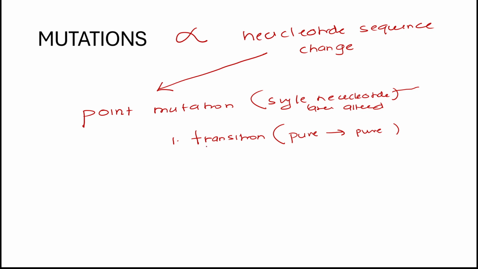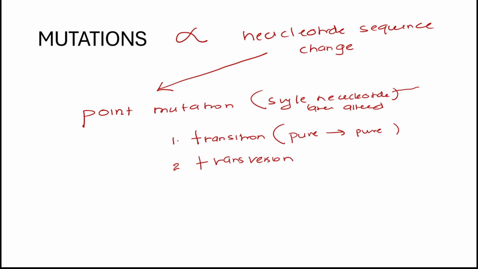Then the second would be transversion, where you would see a change of one purine to a pyrimidine. It can either be one purine to any of the pyrimidines, or one pyrimidine to any of the purines.